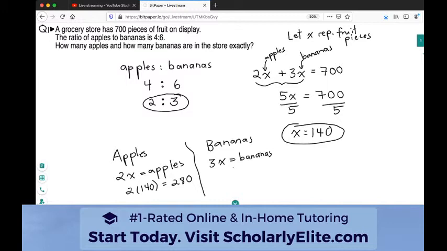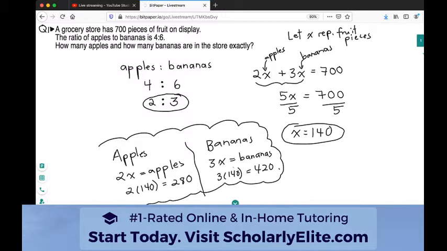And that's going to be 3 times 140, which equals 420. Yay! Okay, you guys, so that means that we have 280 apples and 420 bananas.